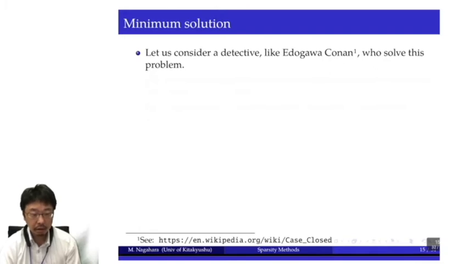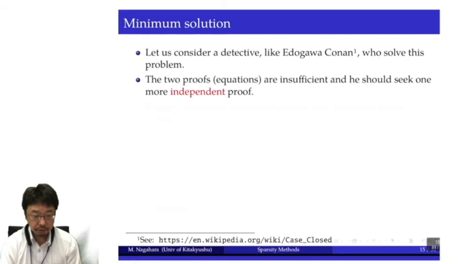Now, let us consider a detective like Edogawa Conan, an animation character who I believe you know. He solves this problem. The two proofs, that is, equations, are insufficient, and he should seek one more independent proof.